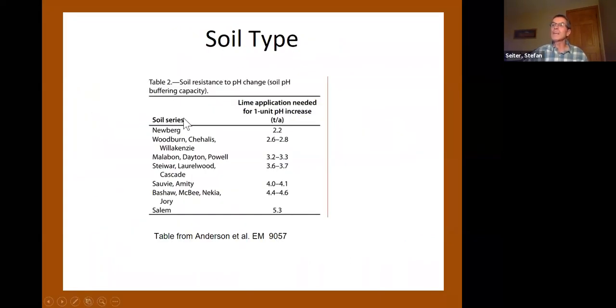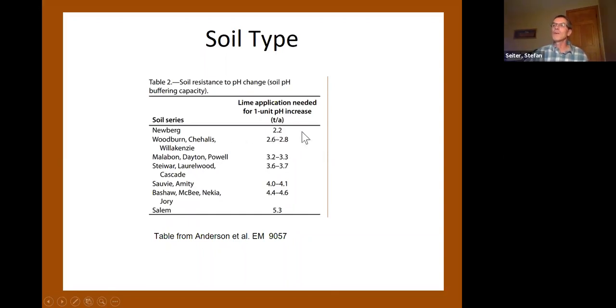You can see here that if you want to change the pH by 1 unit, so from 5 to 6, for example, and you find out maybe in the soil survey, hey, they are on a Newberg soil, or they are on a Jory soil, you can see what a difference it makes.